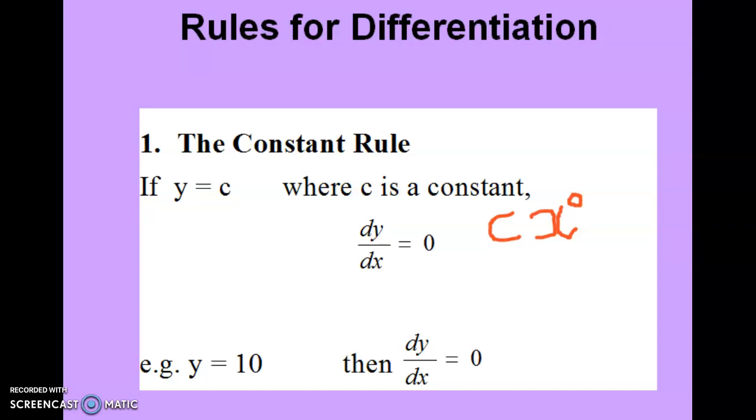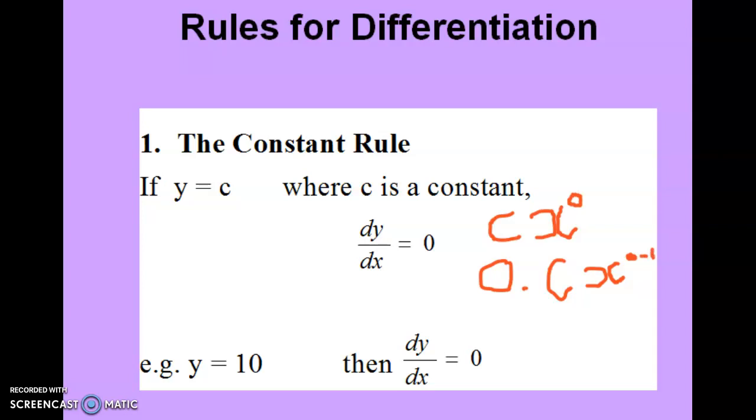Using the previous rule, which says you bring the power of x down, then you subtract 1. First of all, the power of x is 0. We bring 0 down, multiplied by c x, then 0 minus 1.